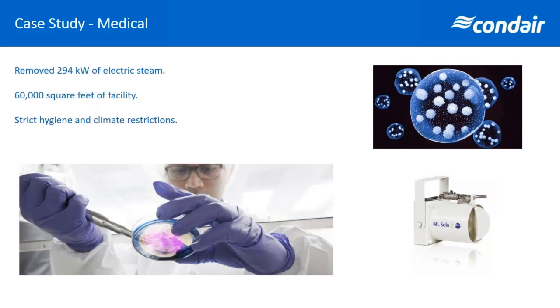There was a little bit of a heat penalty, but for the most part, this was almost free humidification year-round. And this was obviously very strict hygiene and indoor climate restrictions here. So very brief example, but 300 kilowatts of electricity will cost you a lot of money over the year, or your customer a lot of money over the year. And Condair can reduce that significantly by using evaporation instead.